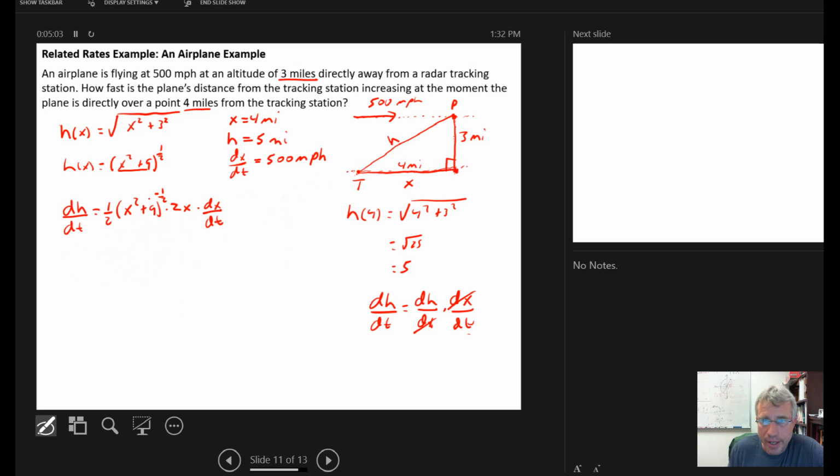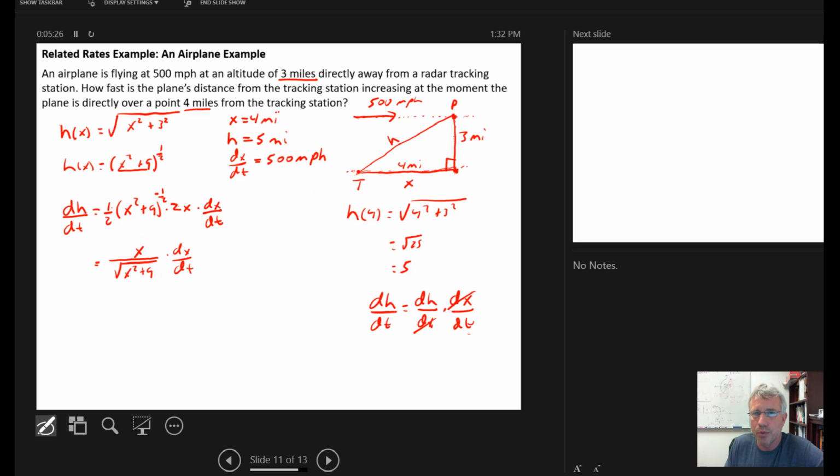And now I can simplify things here just a little bit. 1/2 of a 2 is going to be 1, so I just get 1 times x over, and the negative exponent can be dropped down into the denominator. So I can do x squared plus 9 to the positive half in the denominator, times dx/dt.